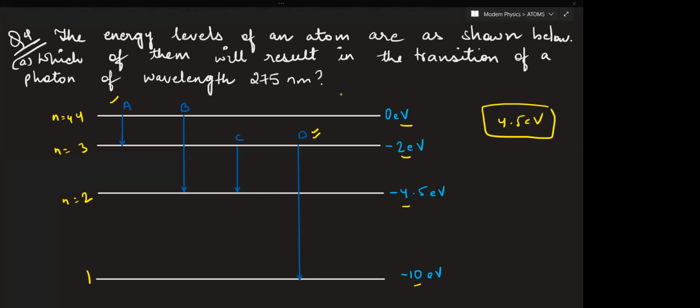The third one, C, represents minus 2 electron volt to minus 4.5 electron volt. The fourth one, D, shows a transition from minus 2 electron volt to minus 10 electron volt. This is what is meant by the diagram.